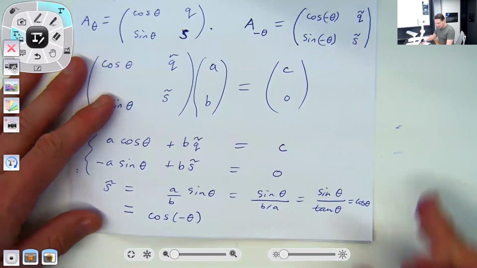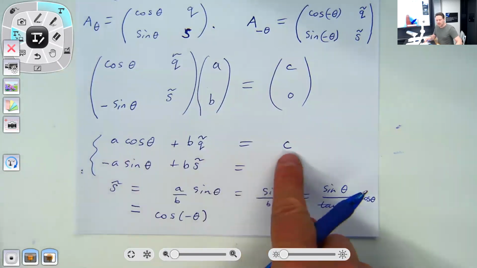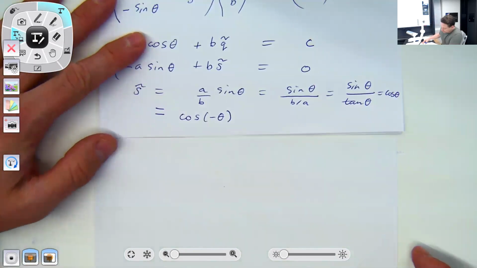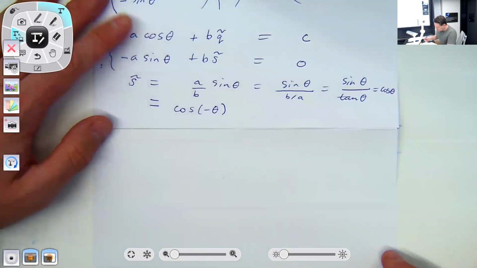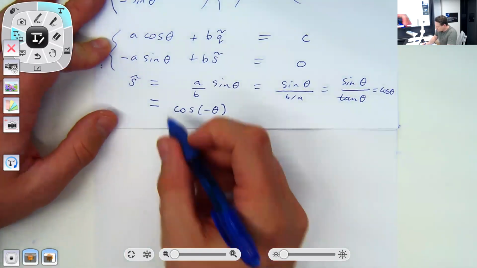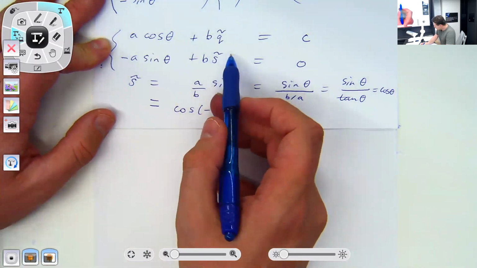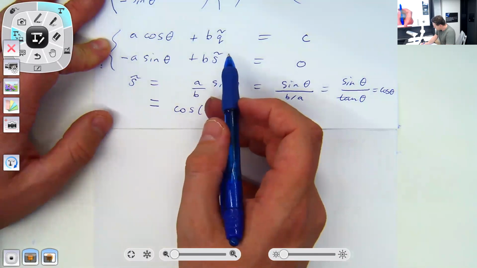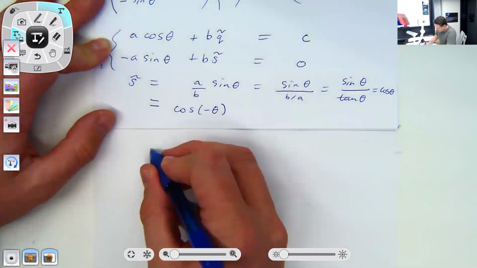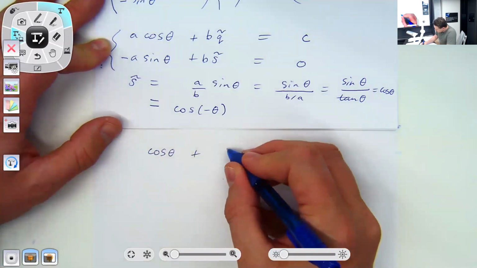Okay, good. So now all we need to do is do the top line here and get q tilde. Okay, so the top line, what I want to do is divide throughout by A, I think. Yeah, I'll divide throughout by A, so we'll have cos theta, and then plus q tilde.